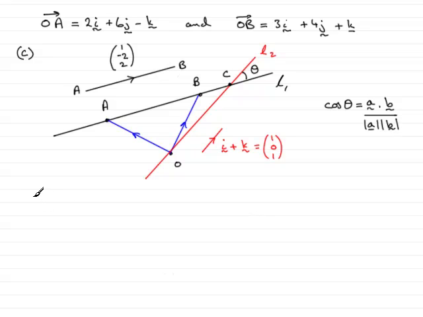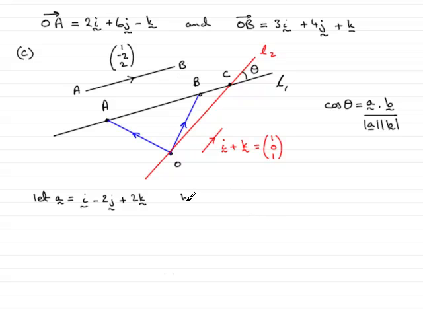So let a equal the vector 1, minus 2, 2, or I could write it in i's, j's and k's. That would be simply i minus 2j plus 2k.